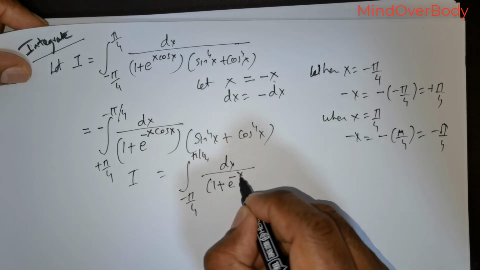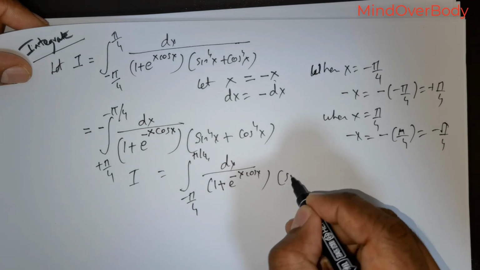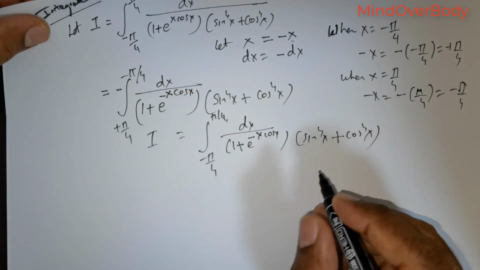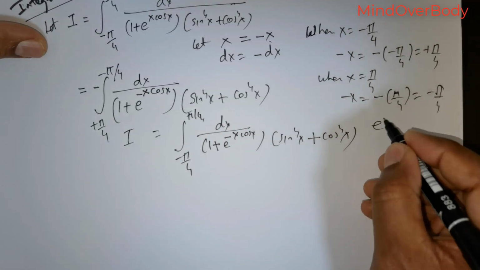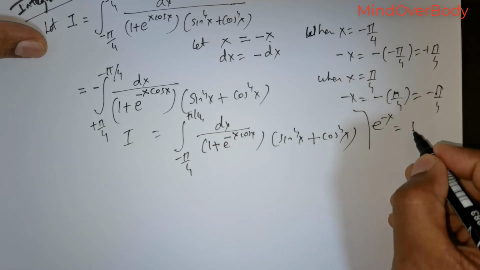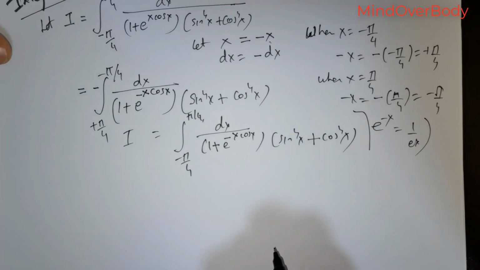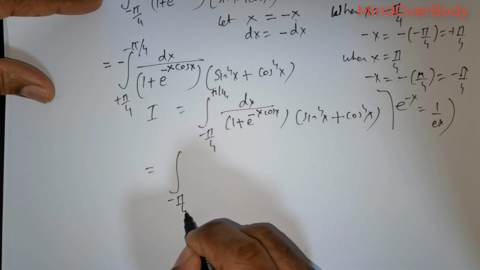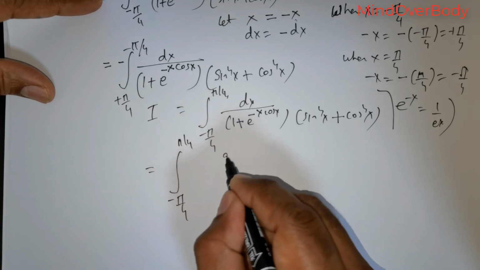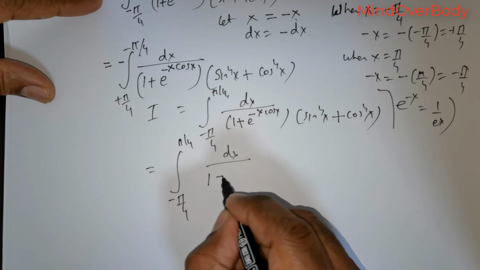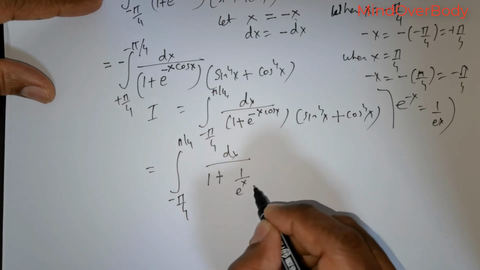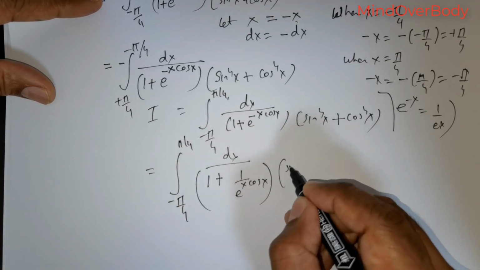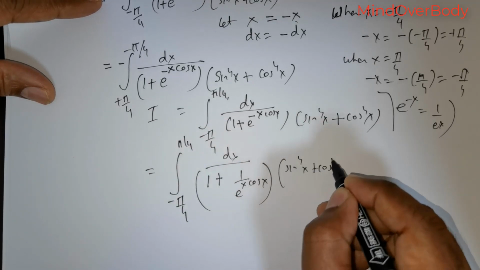e raised to the power of negative x cos x times sine raised to the power of 4x plus cos raised to the power of 4x. Now what I wish to do is, e raised to the power of negative x, I can write it as 1 over e raised to the power of x. So by that we would now have integral negative pi over 4 to pi over 4, dx divided by 1 plus 1 over e raised to the power of x times cos x times sine raised to the power of 4x plus cos raised to the power of 4x.